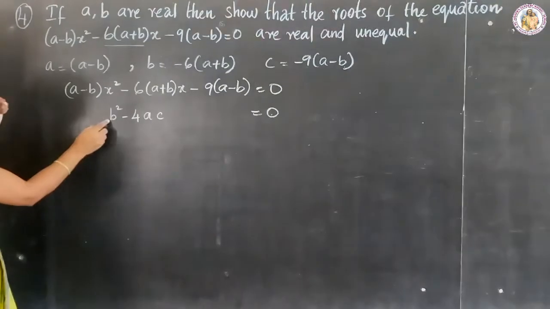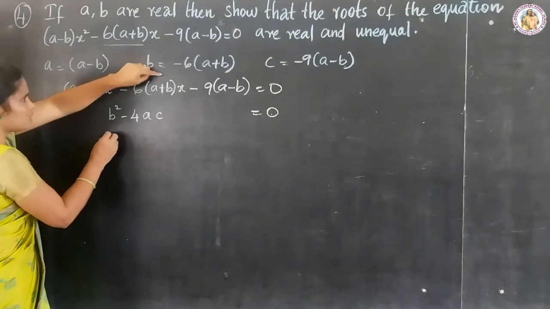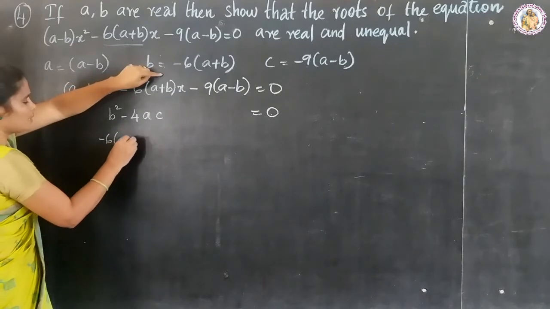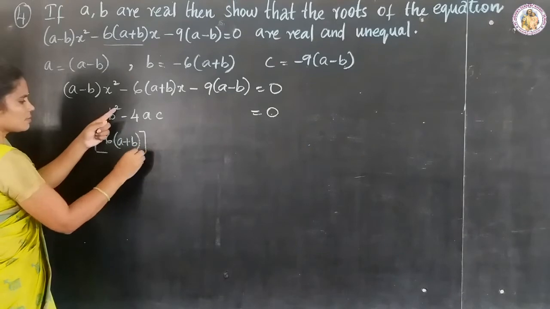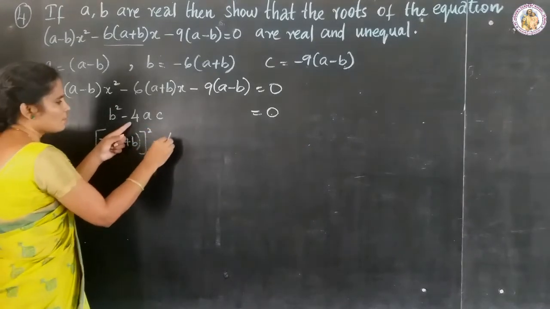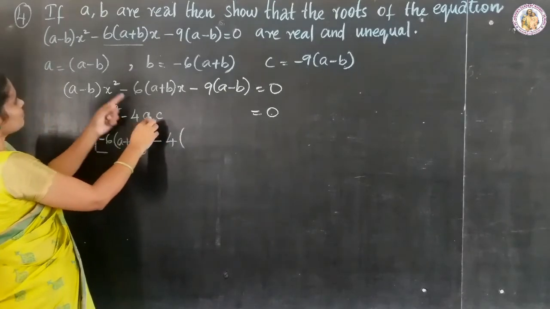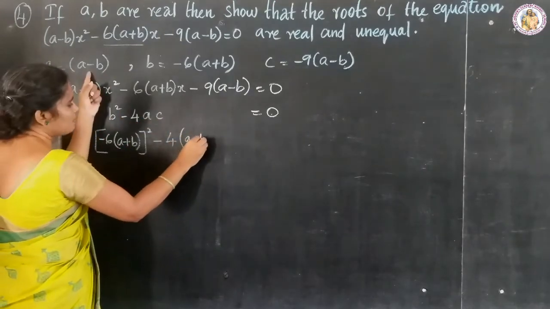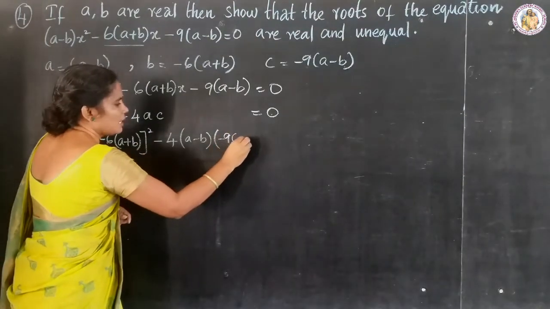Substitute the values of b, a and c. b is −6(a + b), the whole square, minus 4ac, with a = (a − b) and c = −9(a − b), is equal to 0.